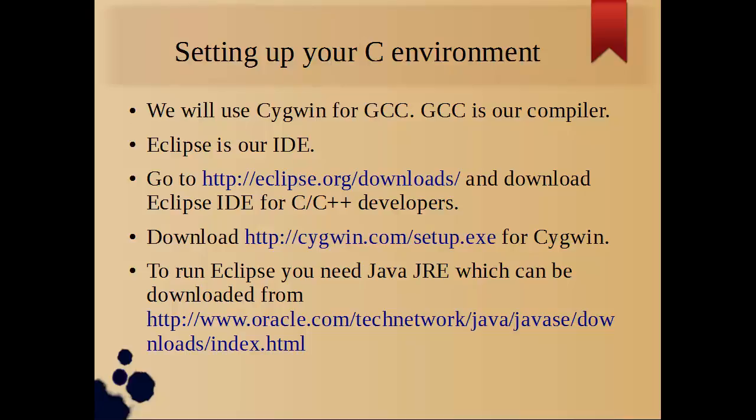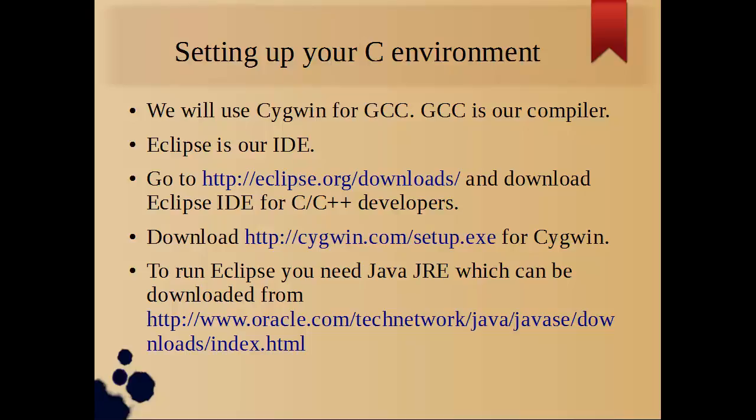Now to install GCC we will use Cygwin, and we will also use Cygwin to install GDB, which will be our debugger. And Eclipse uses make as its build tool, so we will also install make from Cygwin.